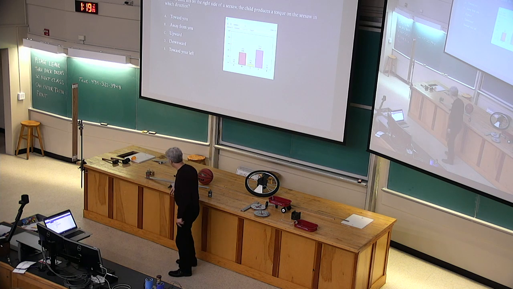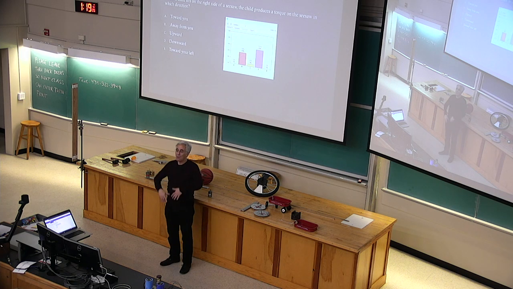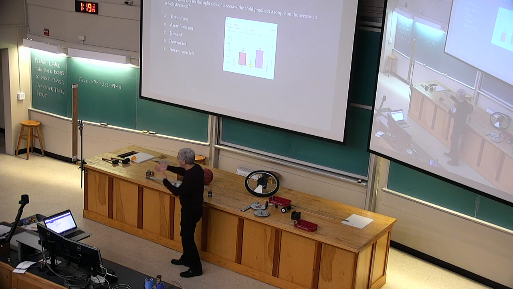Using the right-hand rule here, the lever arm is from this pivot to the left now. So there's my index finger. My other fingers are pointing down in the direction of the force, and my thumb is showing us the direction of the torque, which is toward you. And so why does the seesaw do what it does? And why do you have to sit the way you have to sit?